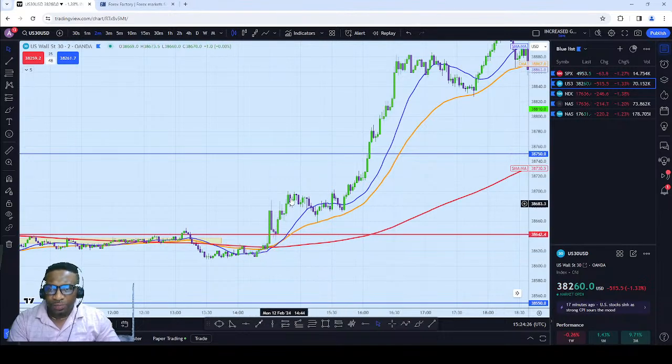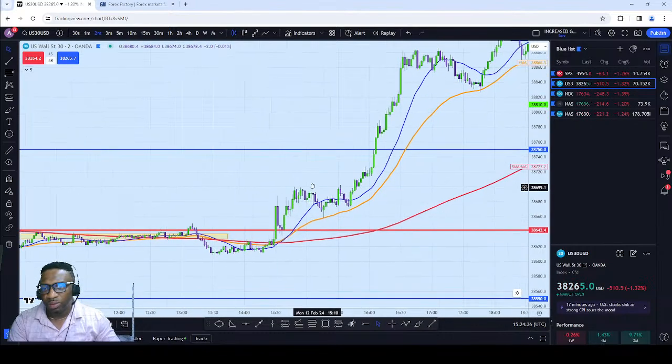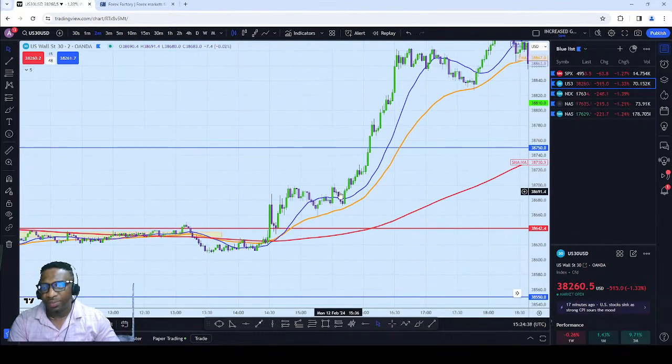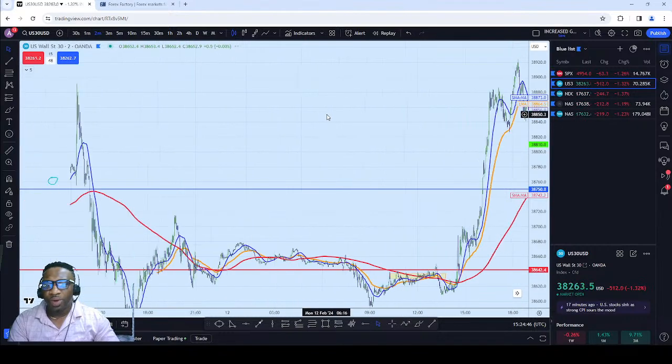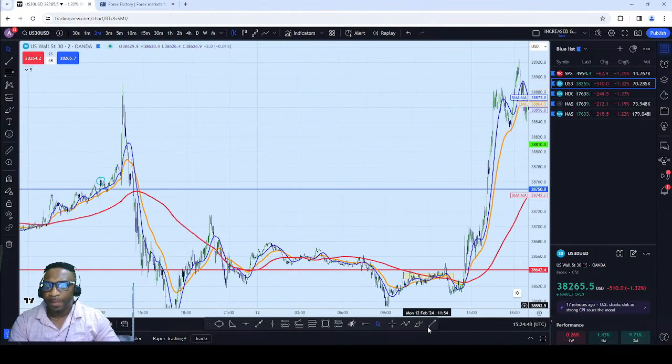This is where the market open came around, and there was a bit of up and down movement. So when it settled down a little bit, this started moving. So I caught this somewhere here as it moved up, and then I closed it at the previous high when price got to this previous high.